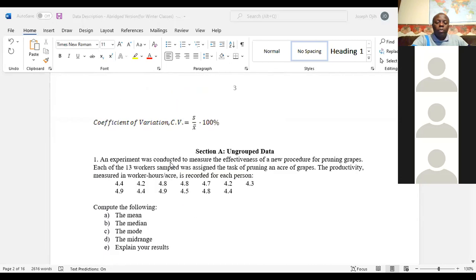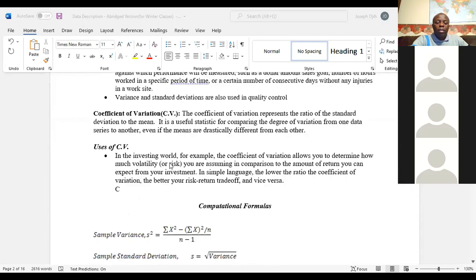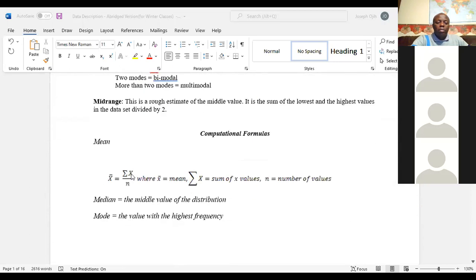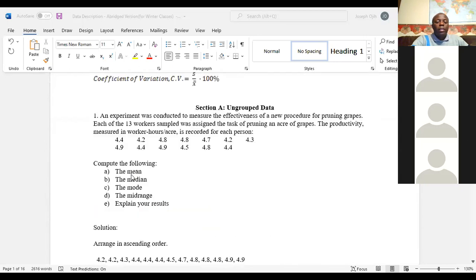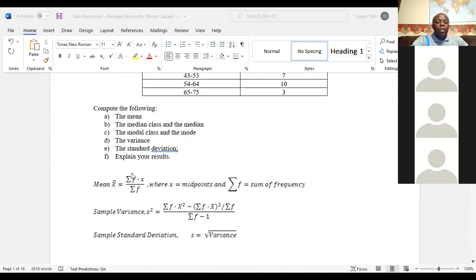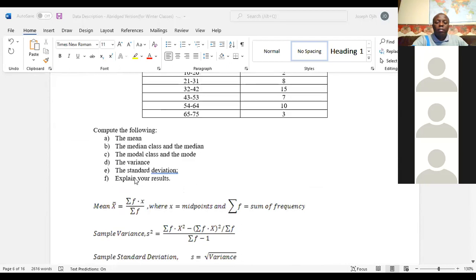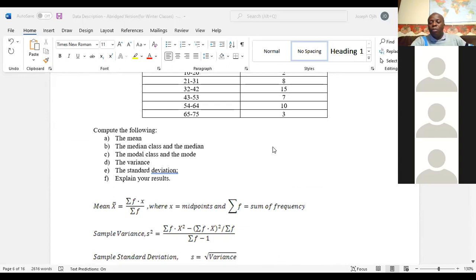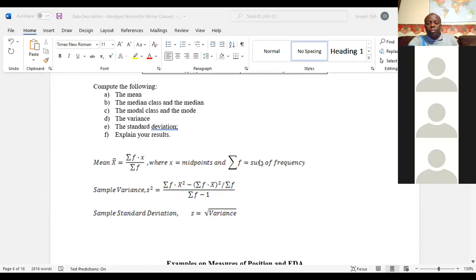This is the standard deviation, and this is the mean right here. The only difference is that the frequency is added, because this time the data are grouped, unlike the other one.